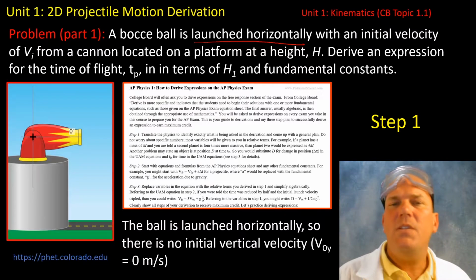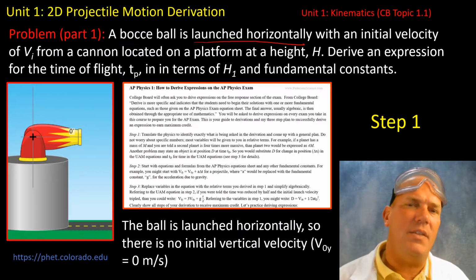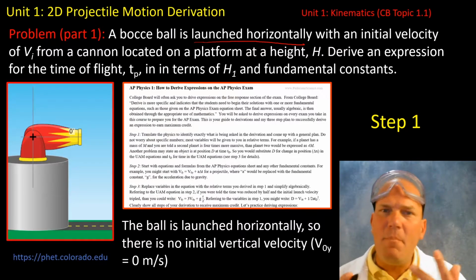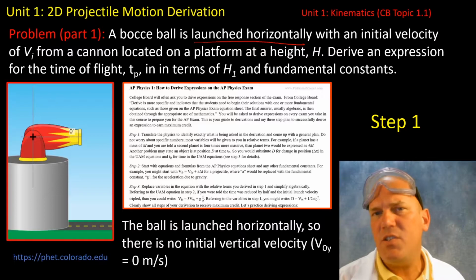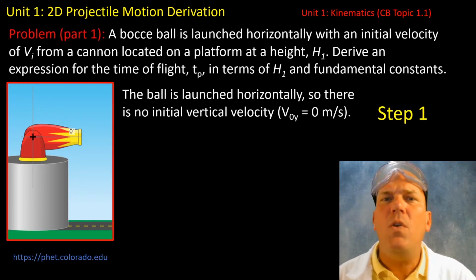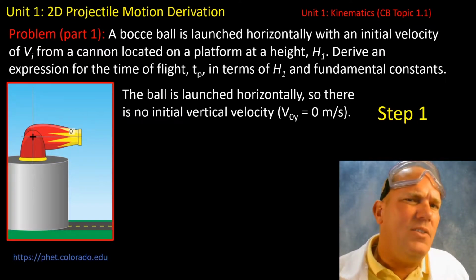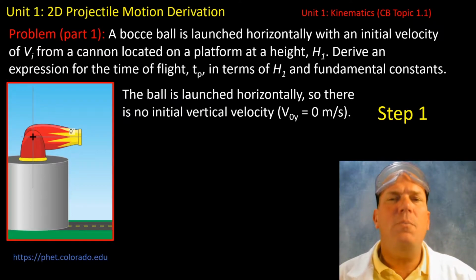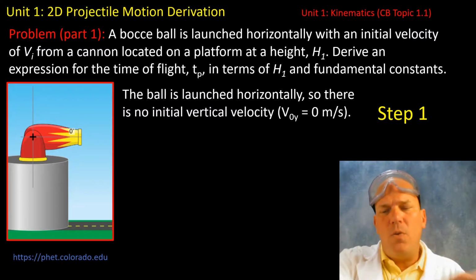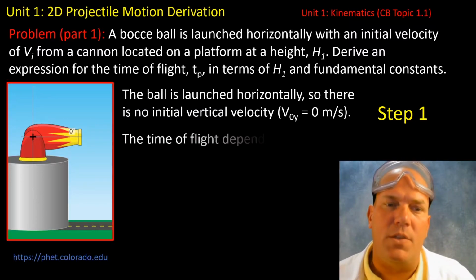So first, we want to say we do have a ball and it is launched horizontally. What does that mean? That means that there is no initial vertical velocity. That's important because if there's no initial vertical velocity, that makes this problem a little simpler. It also means that this object has no angle above or below the horizontal when it's launched.